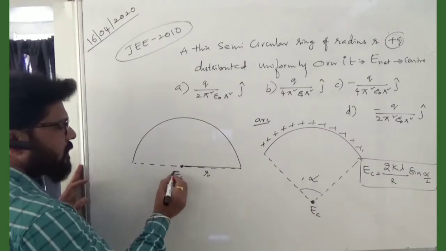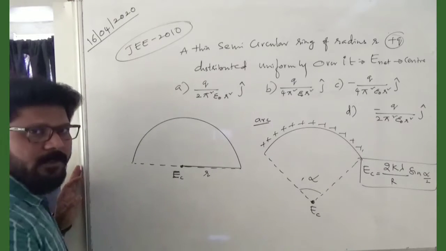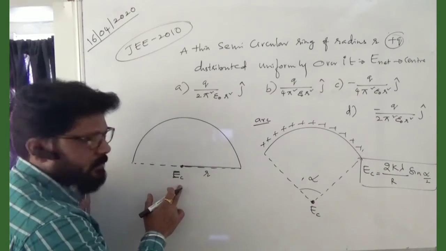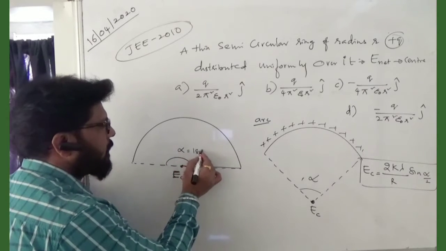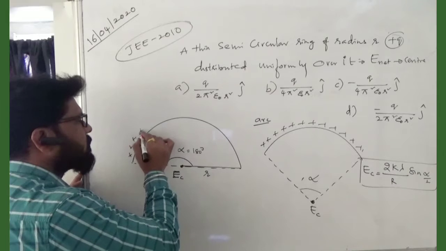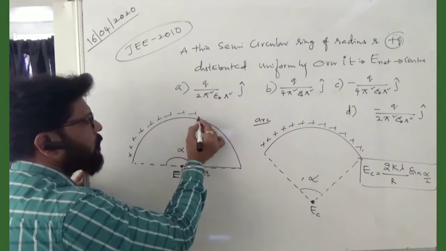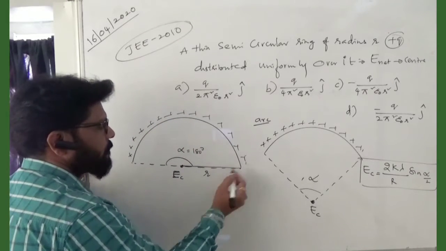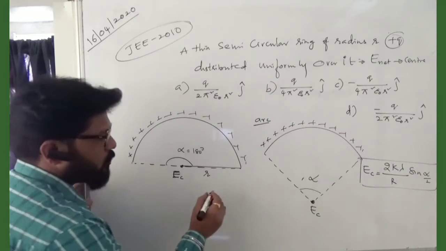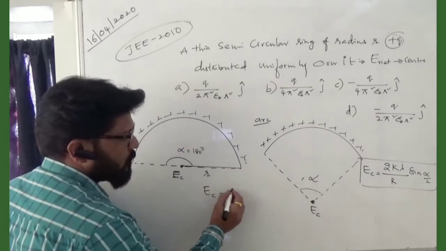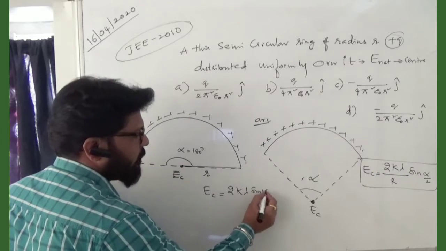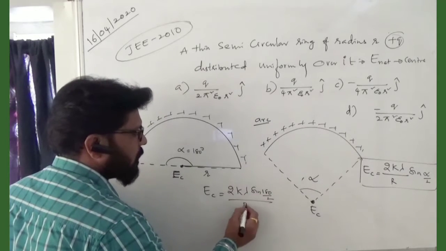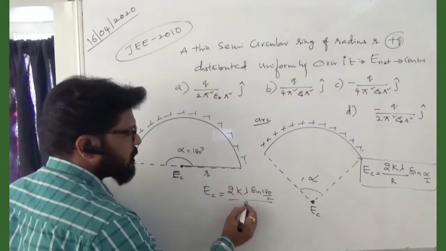So at this particular point, E at the center, the angle alpha is equal to 180 degrees. This is positively charged. E at the center equals 2k lambda into sine of 180 by 2, divided by r, where r means small r here.